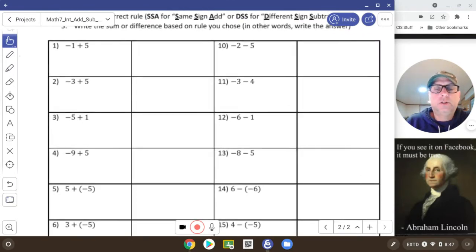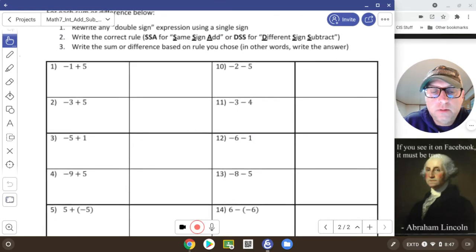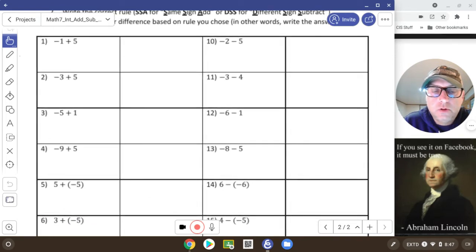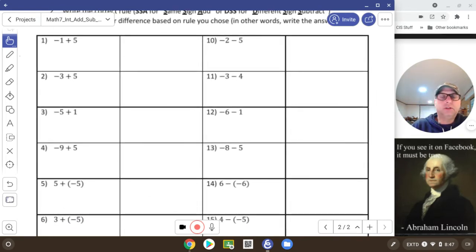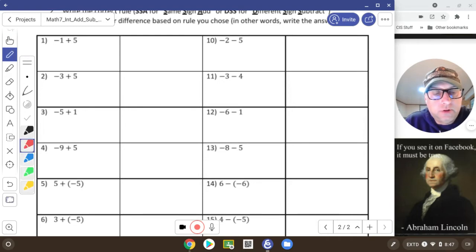Anyhow, all right, here we go. What we're going to do is go through each of them and attack any double signs. This is phase one. Number one, I don't see any double signs.